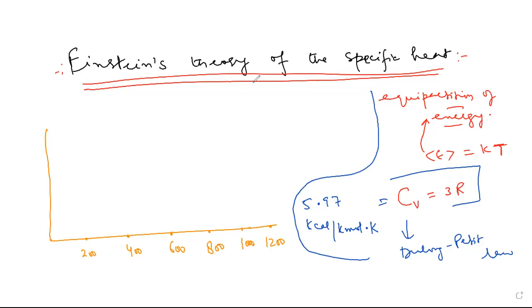Let me use another color here. This is along x-axis absolute temperature in kelvins.